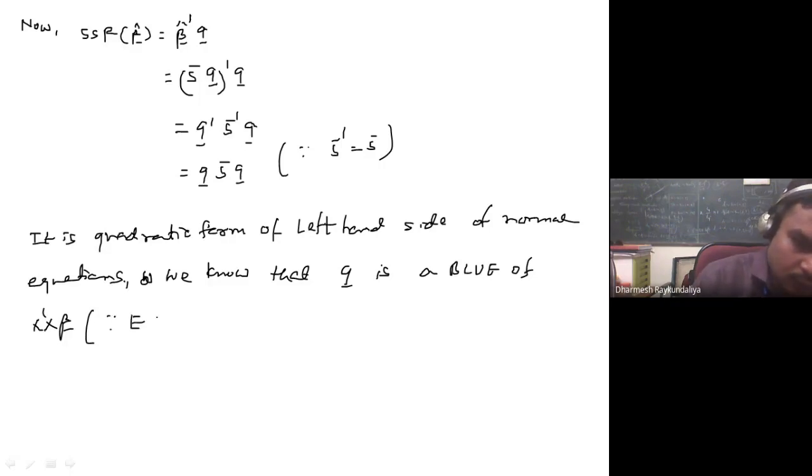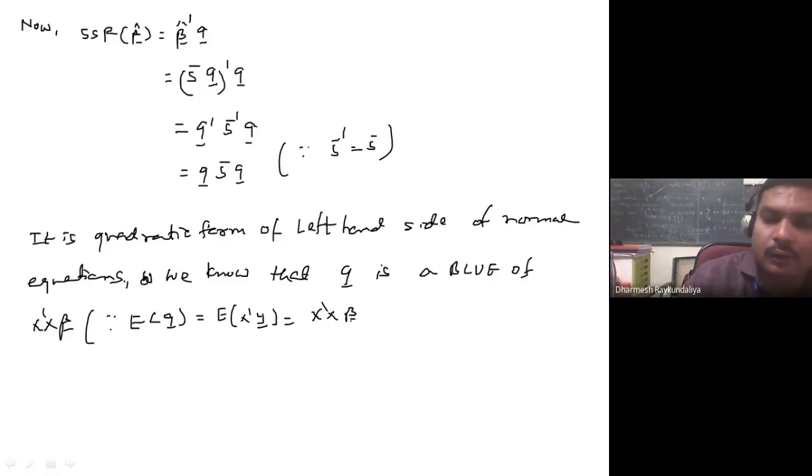Because the expectation of Q is equal to the expectation of X'y, which is equal to X'Xβ, and by the Gauss-Markov setup, X'Xβ is estimable and its BLUE is given by X'Xβ cap.